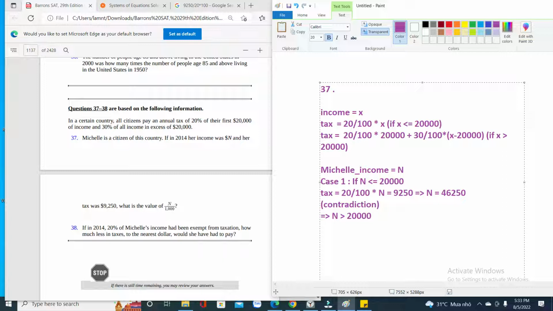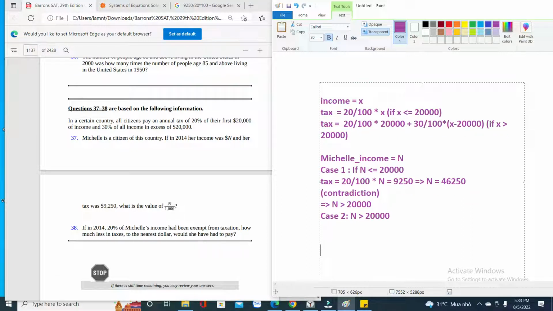Okay, so we consider case 2: n is bigger than 20,000. So we're going to use the second formula here. We know the tax is equal to 9,250.